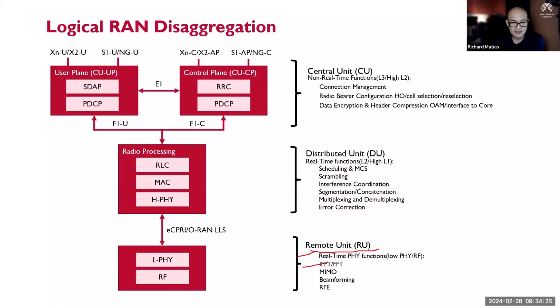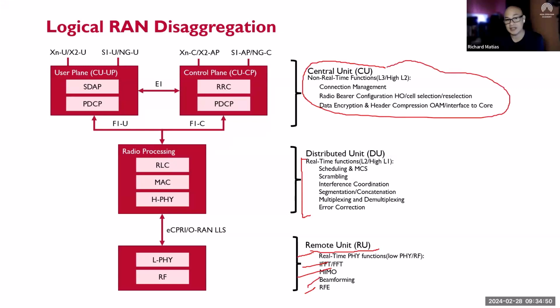The inverse fast Fourier transform is happening, the MIMO, the beamforming, and the RF. For the distributed unit, this is where the following functionalities are happening, including the error correction, multiplexing, segmentation, interference coordination, scrambling, and scheduling. And for the CU, these are the different protocols happening as well.